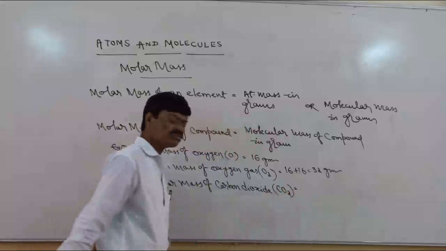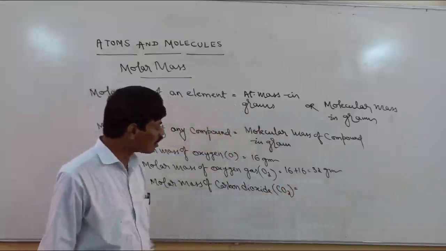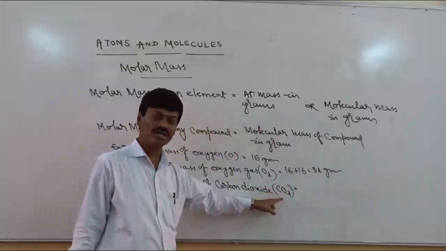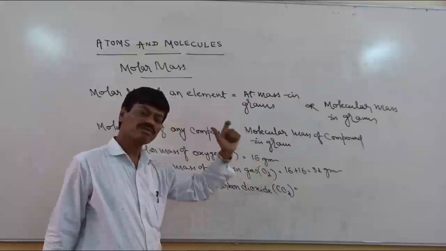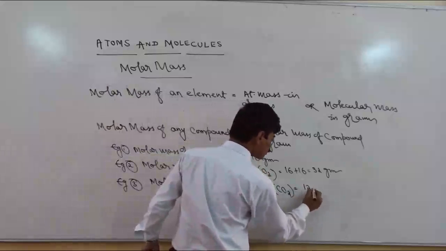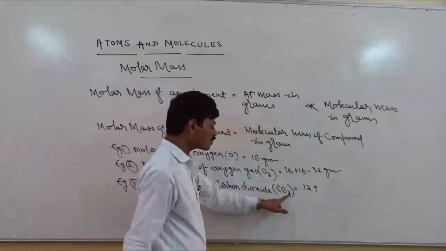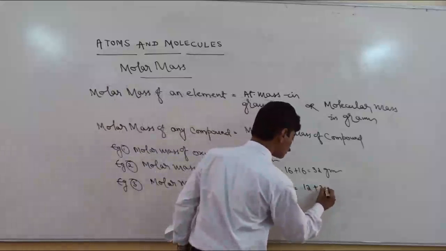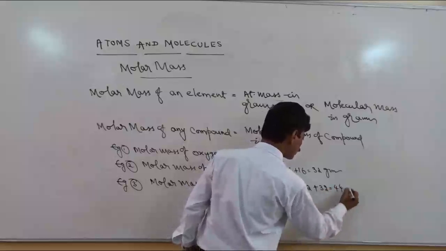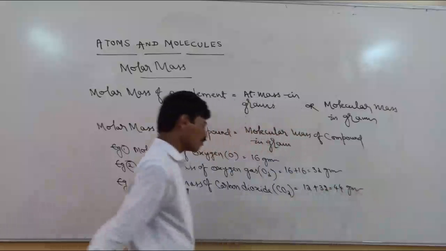This is equal to, we will add atomic masses of all 3 atoms. We have 3 atoms, 1 carbon atom and 2 oxygen atoms, and thereafter we will write grams. So carbon atom mass 12 plus 2 oxygen atoms mass 32, and that is equal to 44 grams.